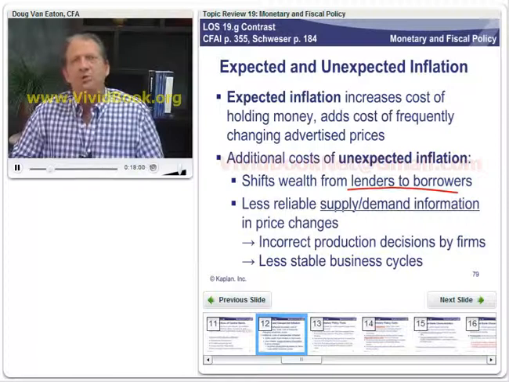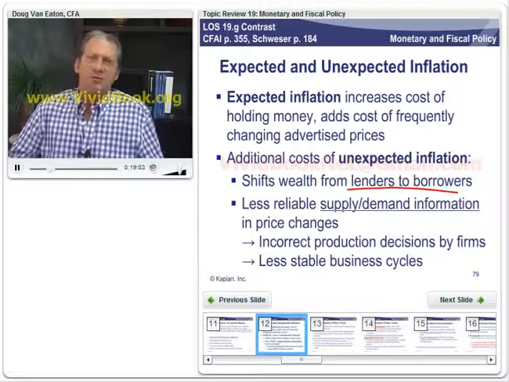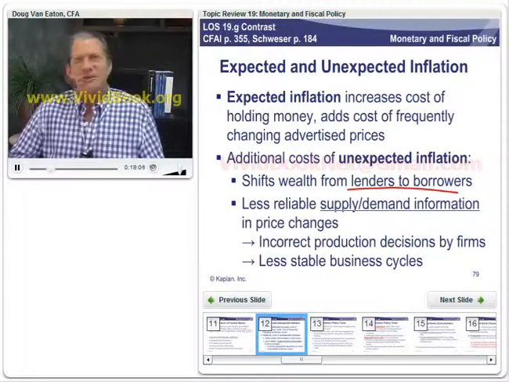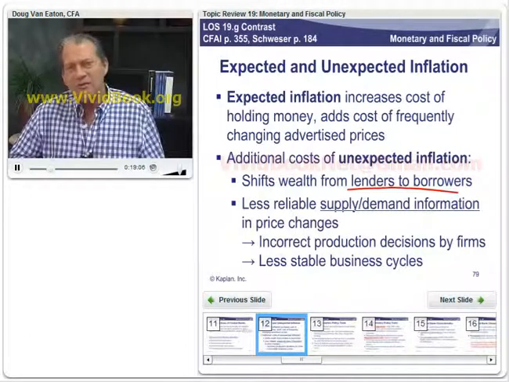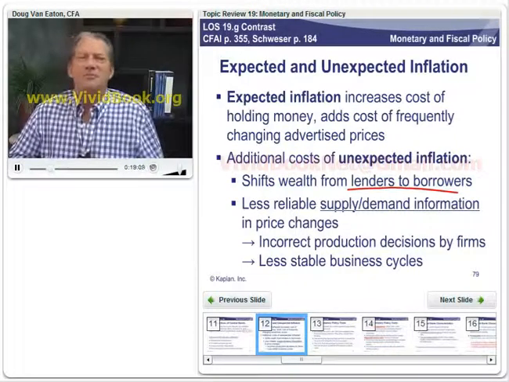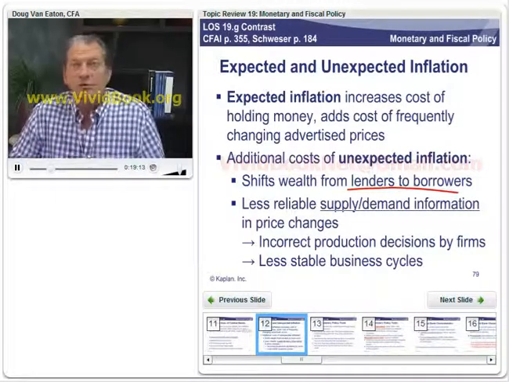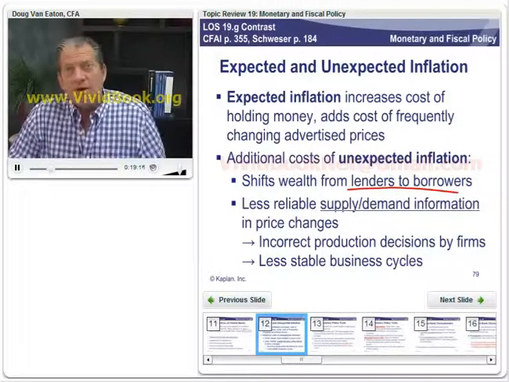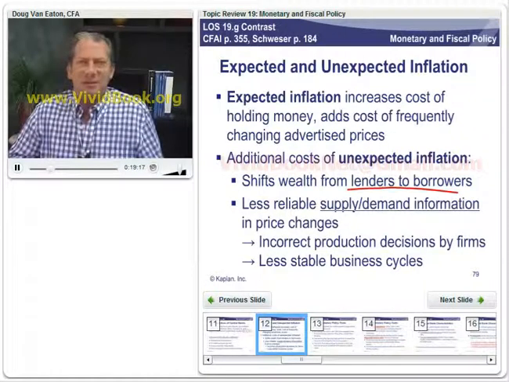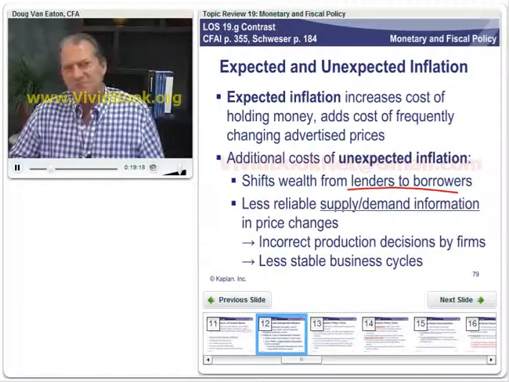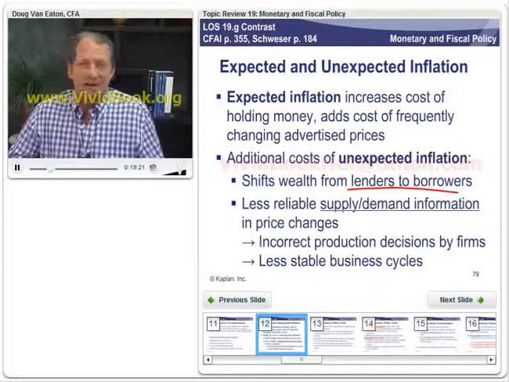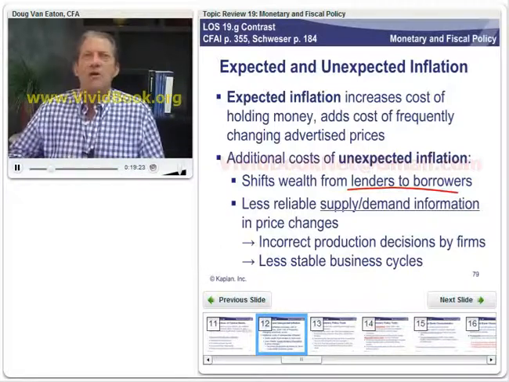And I'll make the production decision to expand production. And so with this unexpected inflation, the price information I'm getting from the market may be misleading, or certainly, as it says here, less reliable. And so we have less stable business cycles and less good or incorrect production decisions by firms.